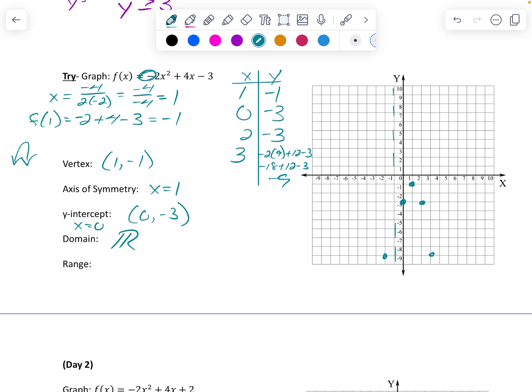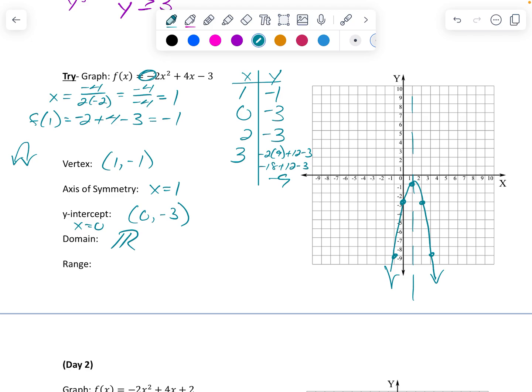And it's, whoops, no, not there. It's going to be symmetrical. There. Let's draw this in. Okay. And here is our axis of symmetry, which I wrote right, just didn't do right on the graph.